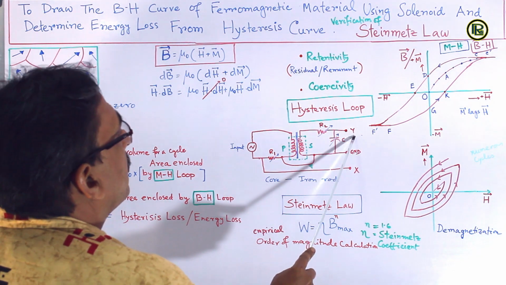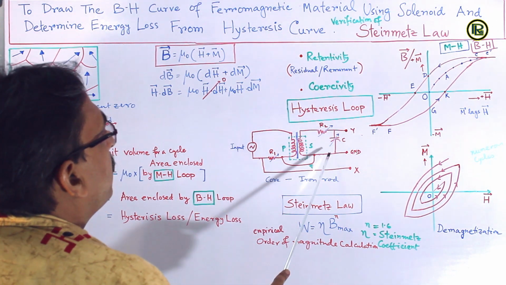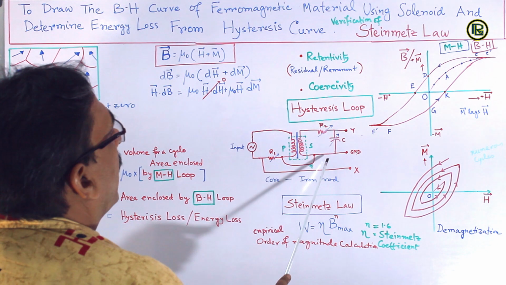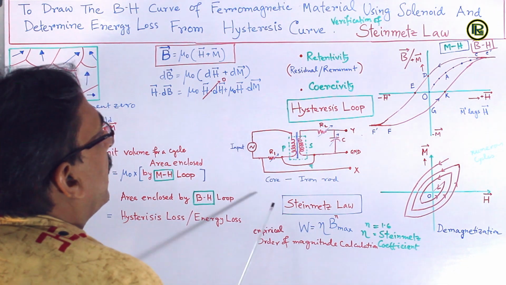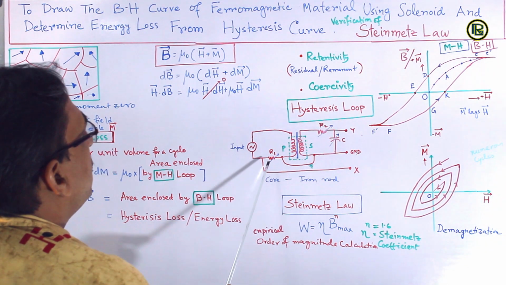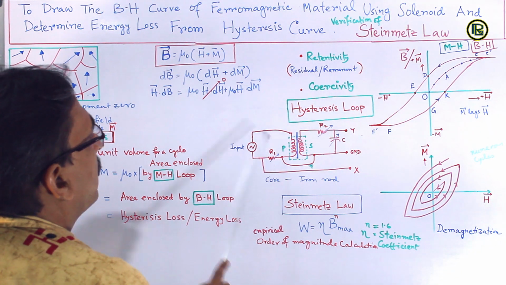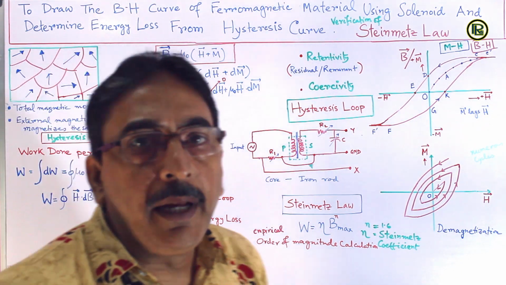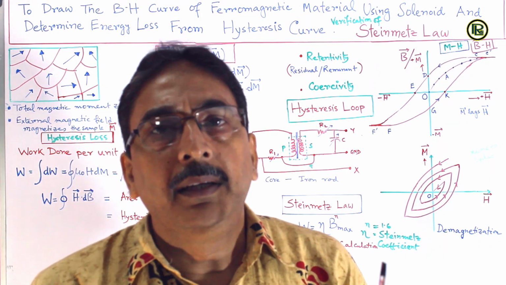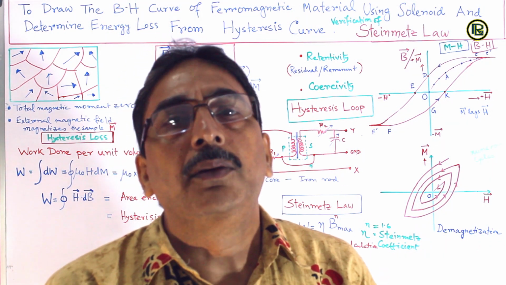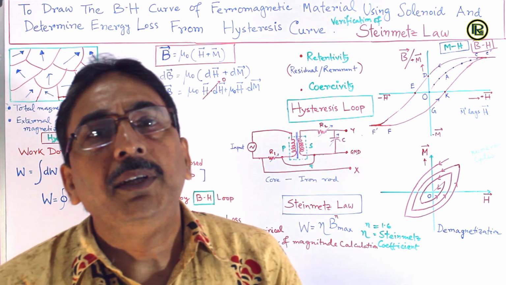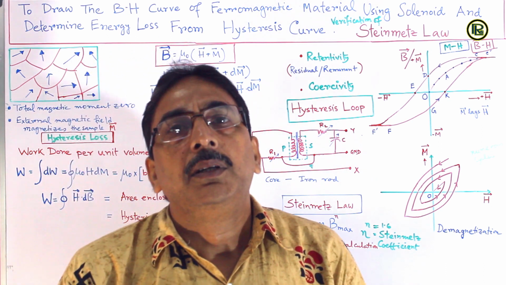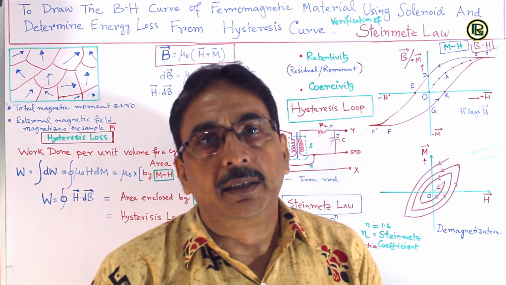My Y signal for the CRO is the voltage drop across the capacitor, and the X signal is the voltage drop across this R1. And then we have to take both X and Y in the CRO, and the display will be in the XY mode to get the hysteresis loop.